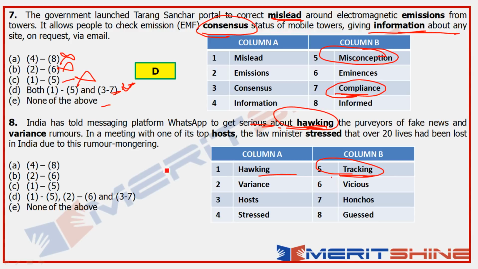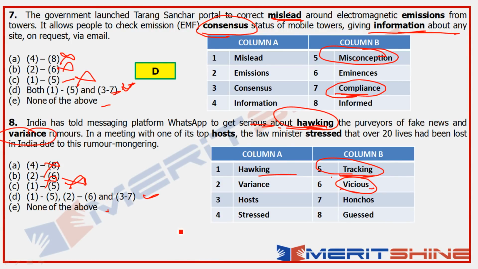So option C and D are there. Obviously, none of the above would always be there. And variance numerous, variance makes no sense. And vicious numerous, the adjective is vicious, so vicious makes perfect sense. So 2 6 is there, so this is also eliminated. Now I'll have to check whether 3 7 and 4 8 can be.